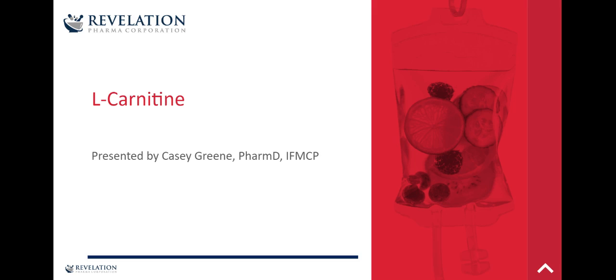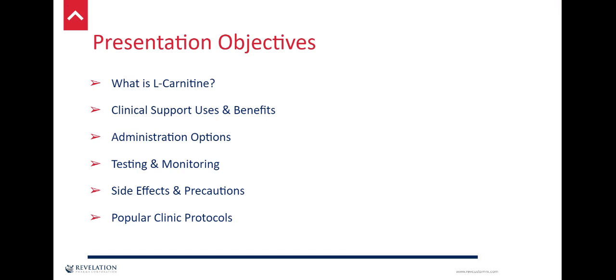Today we'll be covering L-carnitine, primarily how it's used in an outpatient medical setting. We'll cover what exactly L-carnitine is, what the various clinical support uses and benefits are that you can use on patients in clinic, and the different administration options, all the way from oral dosing to various injectable forms, and the advantages of one versus the other.